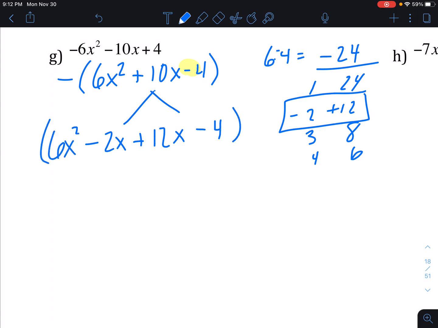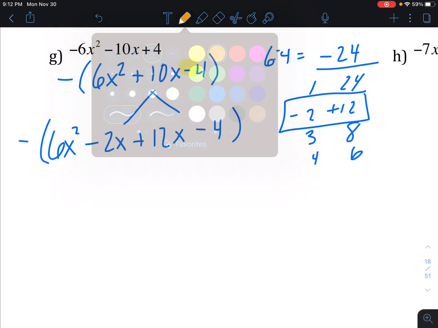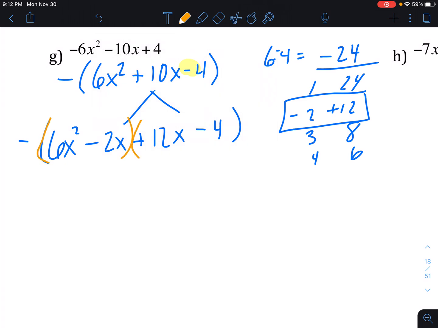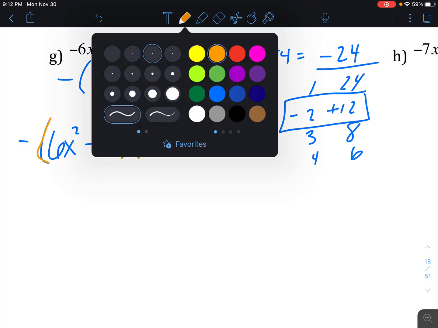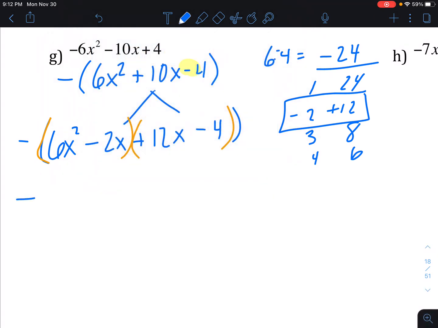Bring down your first and last terms. Also bring down your negative in front. Okay, so now we are going to put our two groups and GCF twice. Bear with me here. The negative is going to drop down.